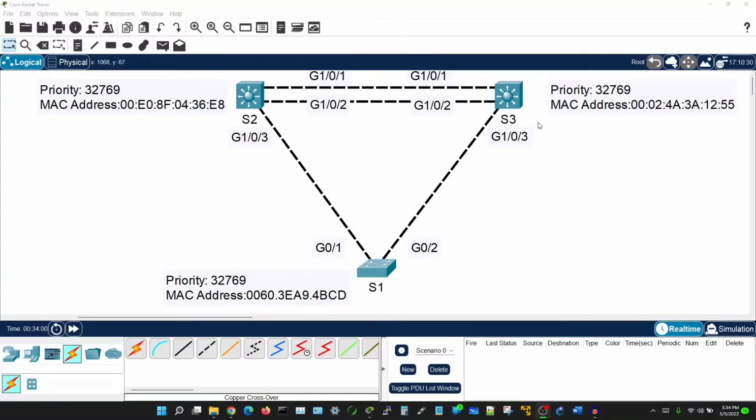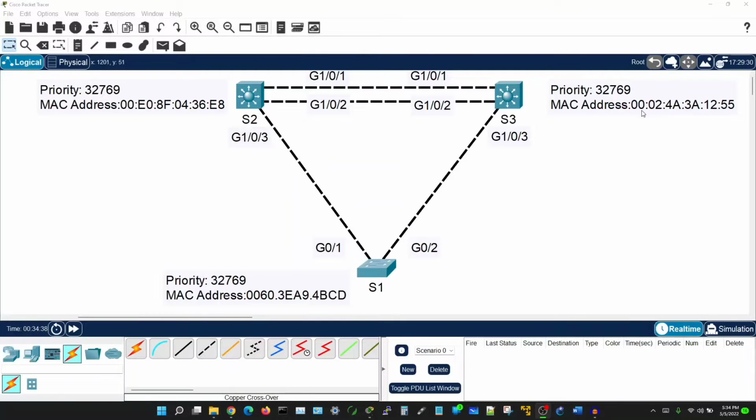And for the purpose of seeing that, by looking at this, all of these MAC addresses begin with 00, and then the next two digits are 02 for S3, switch 3, 60 for switch 1, and then E0. Now, we know that this switch 3 has the lowest MAC address.